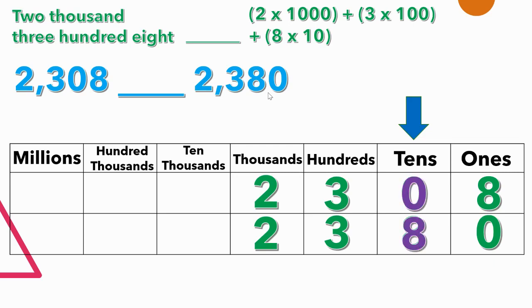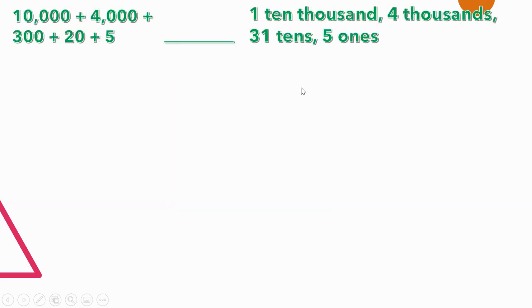Here, we can see we have a 0 in our first number in the tens place and an 8 in the second number in our tens place. 8 tens is greater than 0 tens, so our second number is greater. That means that our sign is going to open up to the bigger number, which is 2,380. So we would read it as 2,308 is less than 2,380.